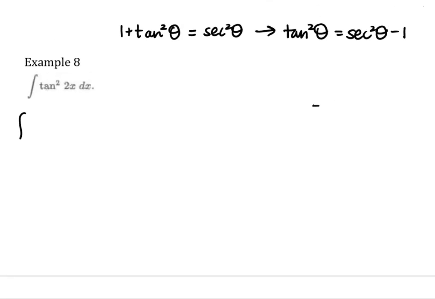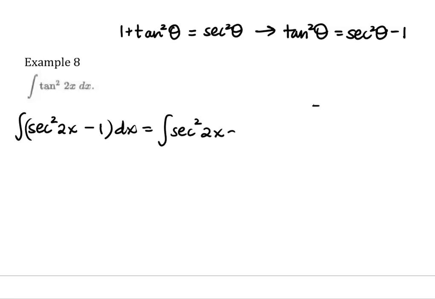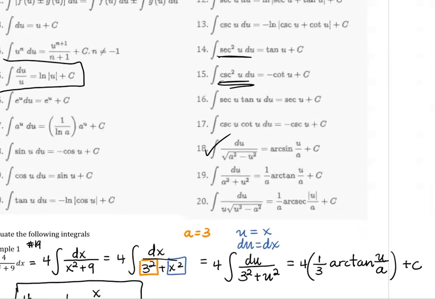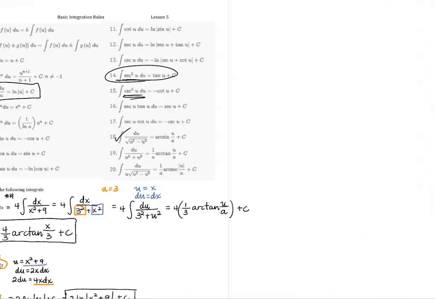So I'm going to be replacing the tangent squared on the inside of this integral with a secant squared 2x minus 1. And that's helpful because now I'll separate this into two separate integrals, but more importantly, we have a rule on how to integrate secant squared. We know that the integral of secant squared is tangent, looking at rule number 14.